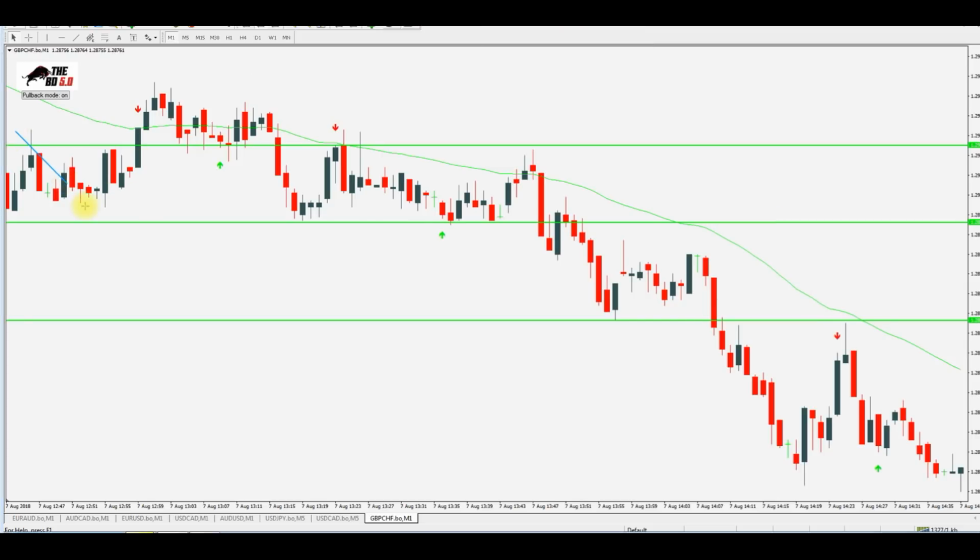Price pulls down, trends up, signal arrow drops, actually breaks the support. Remember, what becomes support becomes resistance. So it broke support, then bounced off it, which became resistance. Yeah, signal arrow appears, drops, bounced off support, bounced back off the resistance line.